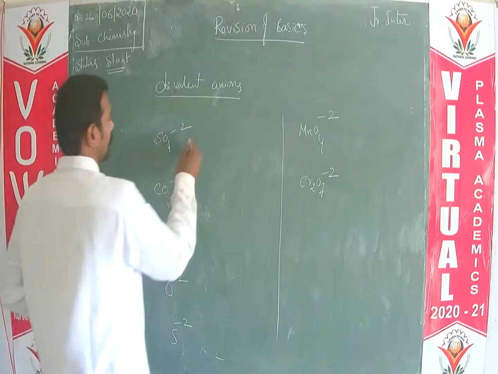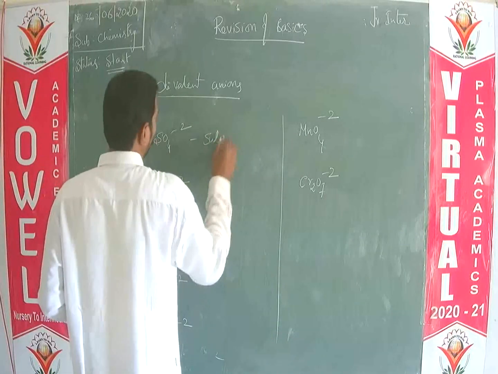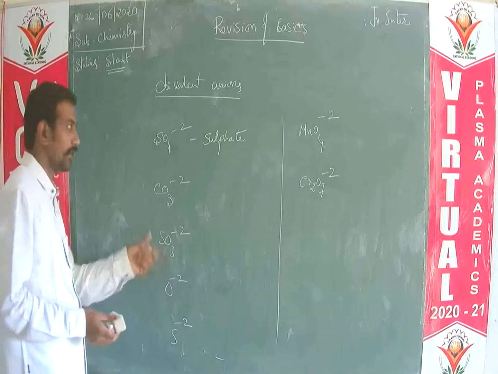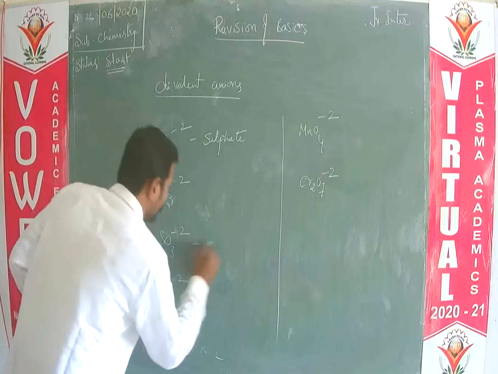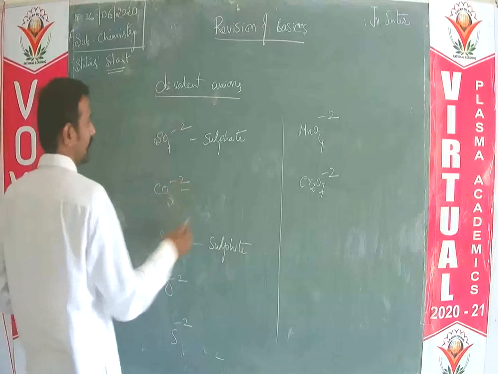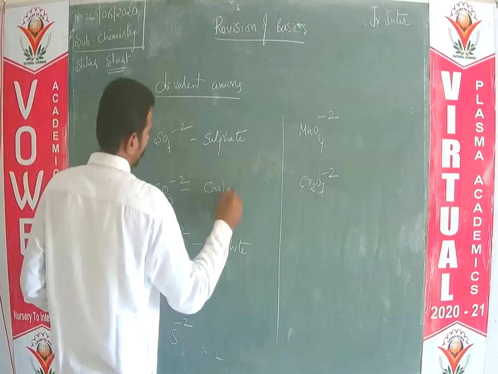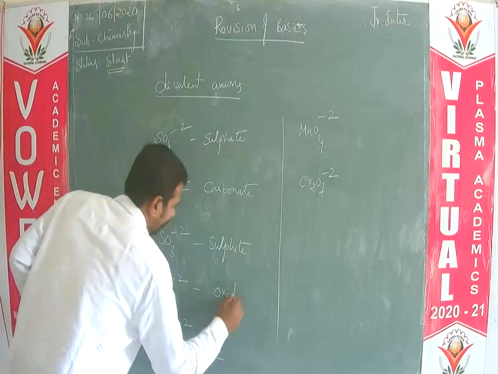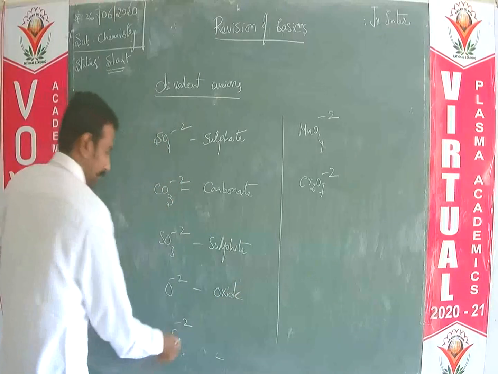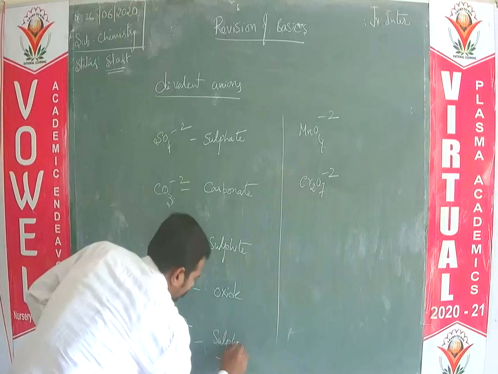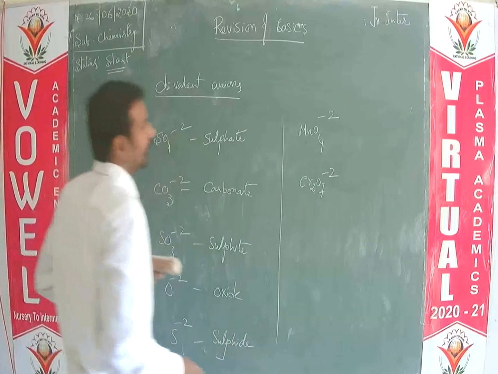See here, this one is sulfate. What about SO3 minus 2? One oxygen less, no? So it is sulfite. This is carbonate. This one is oxide. This one is sulfide.